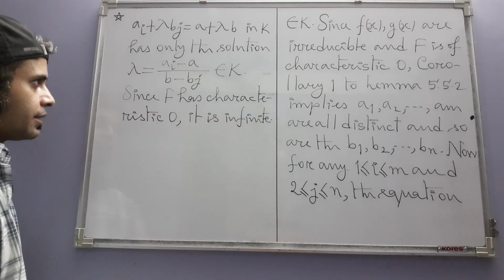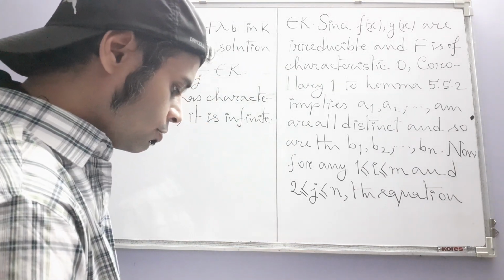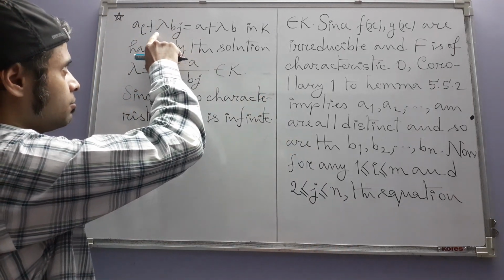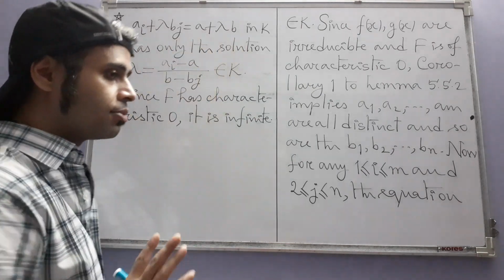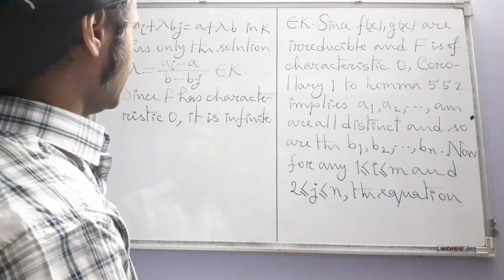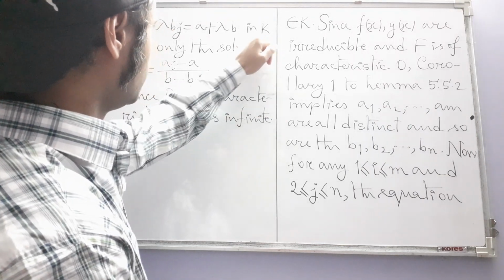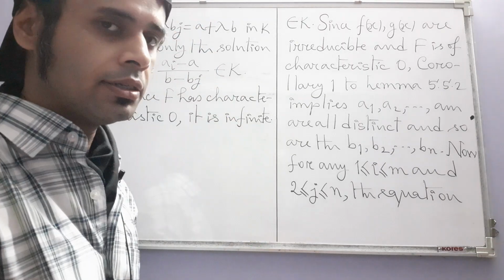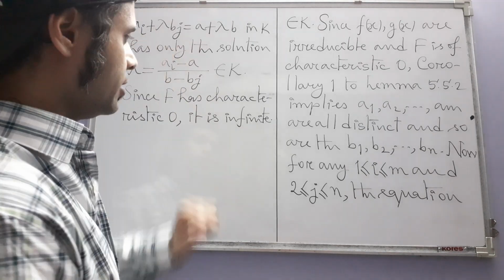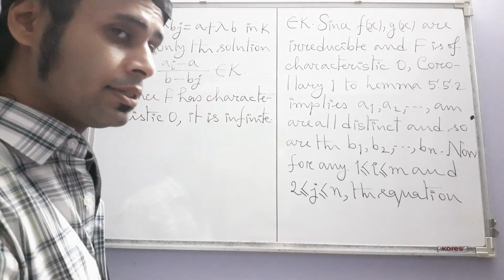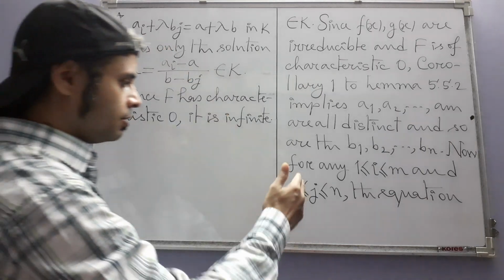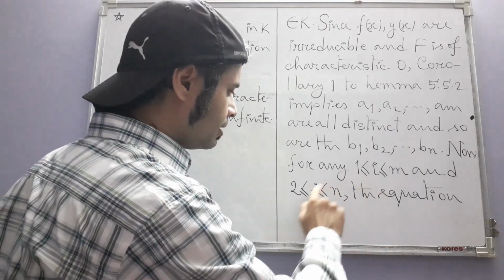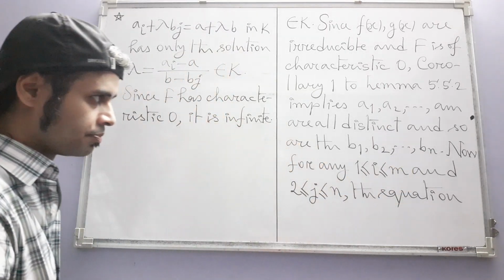So this infiniteness of the field allows us to choose one field element gamma, which will make this an inequality. What I am trying to say is that you can choose a gamma in K, which if you put here in place of lambda, you will not get equality, regardless of what i and j are. Why is that happening? You are choosing pairs of subscript values i and j in these ranges.